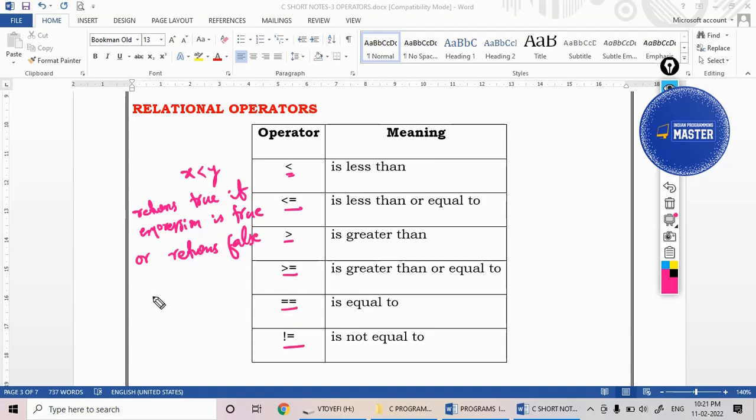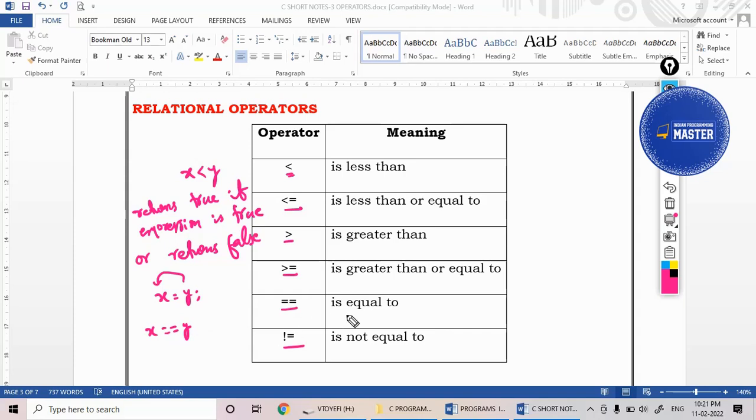See, x equal to y is called the assignment operator, which means I store the value of y inside x. But if I write x double equal to y, this is a comparison operator.